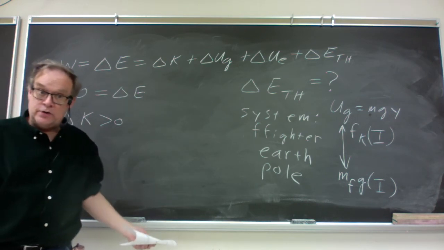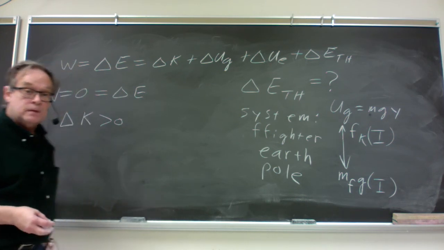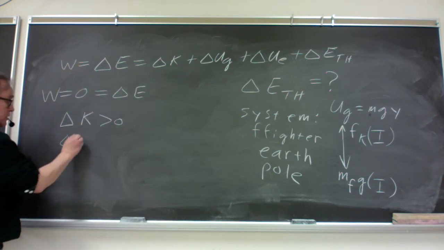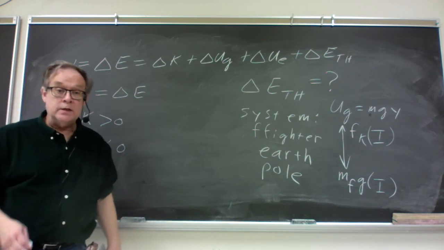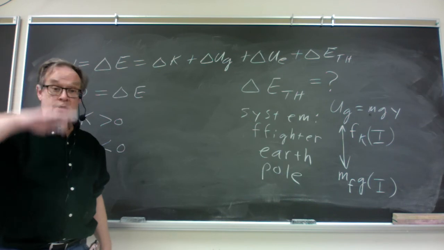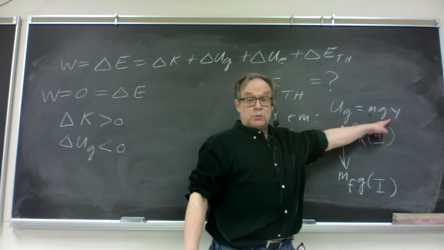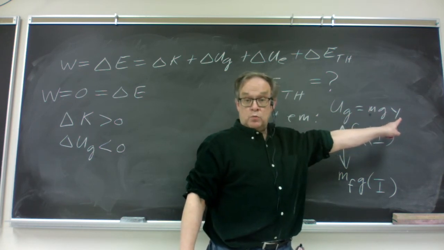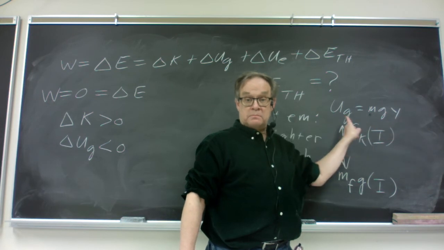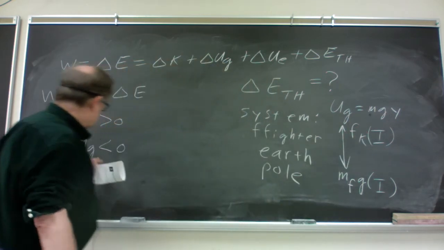So the initial kinetic energy was zero and the final kinetic energy is greater than zero. Gravitational potential energy has a negative change, a decrease, because elevation decreased. And gravitational potential energy is directly proportional to elevation, so when this variable decreases, the directly proportional variable, gravitational potential energy, must decrease. A negative change.